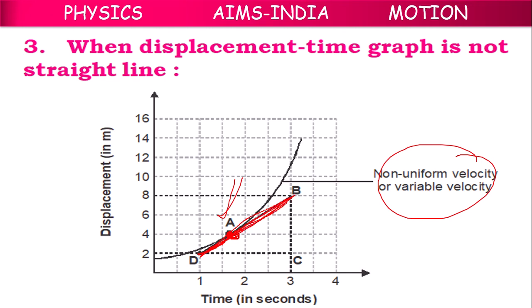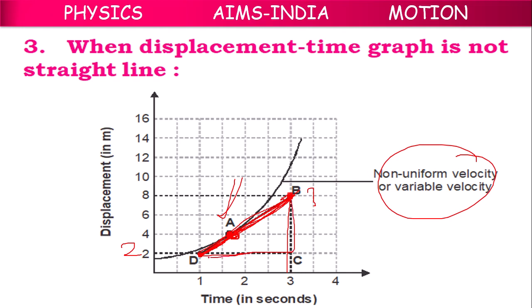Suppose this is one point, B point. It is going like this. Let's take B point here, whose value is known, 3 seconds. And let's take another point here whose y value is 2, displacement is 2, time is 3 seconds.